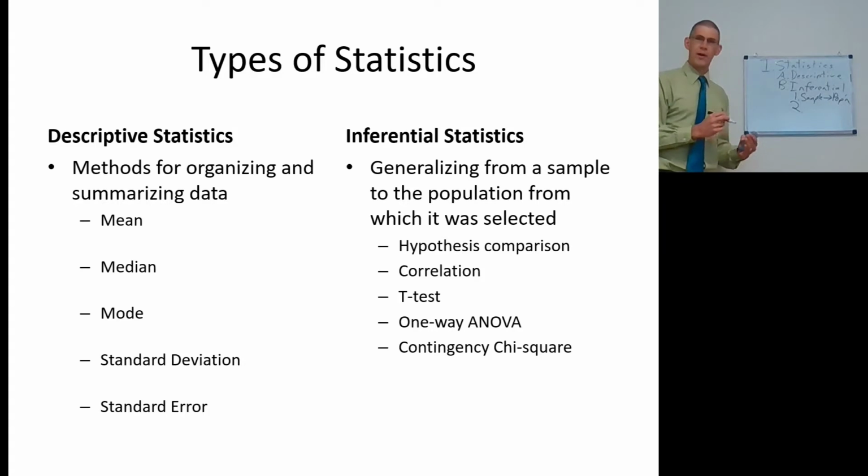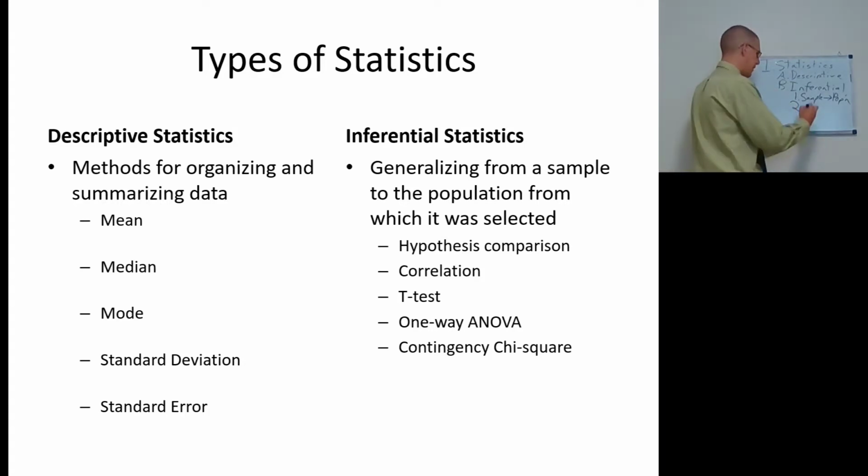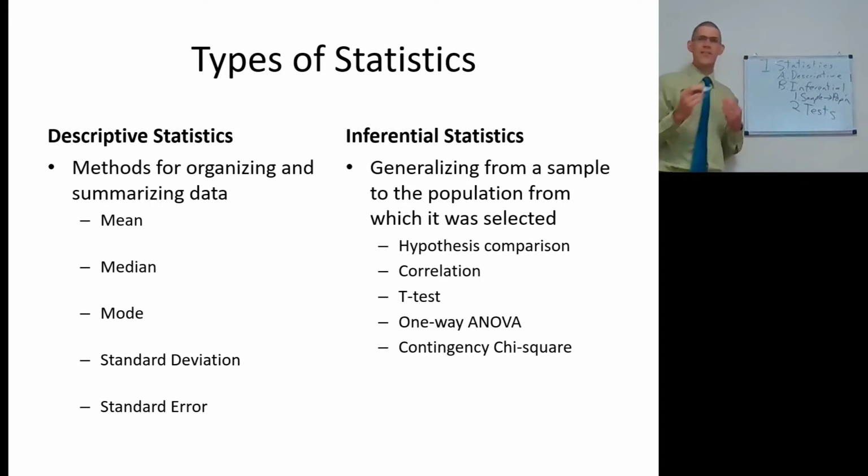Inferential statistics as well are going to be about testing your hypothesis. So statistical tests are a form of inferential statistics, saying this sample from this population represents it, this sample from this population represents that, and then we're going to compare the two using a sort of test.